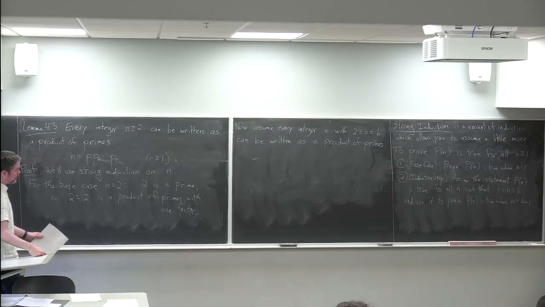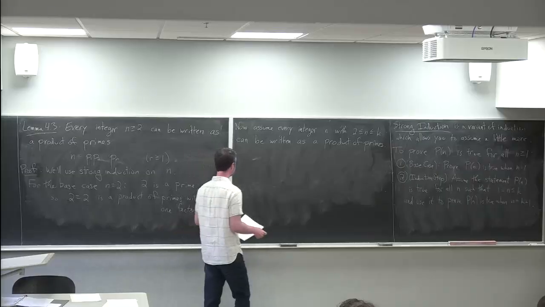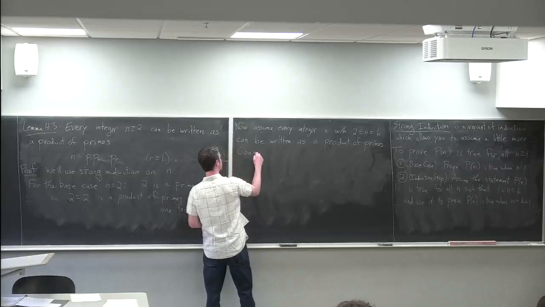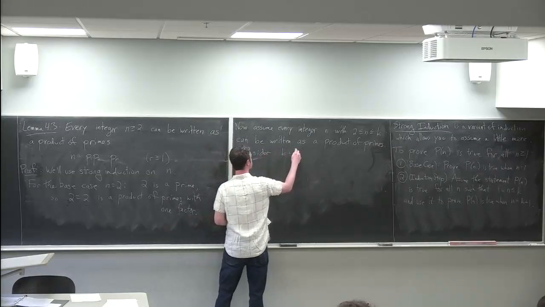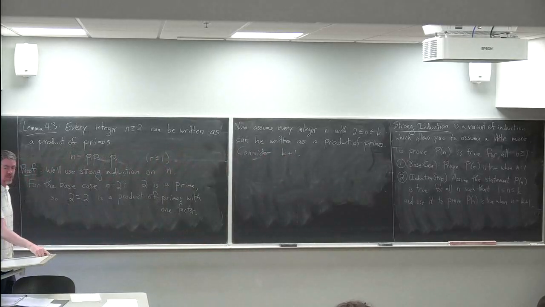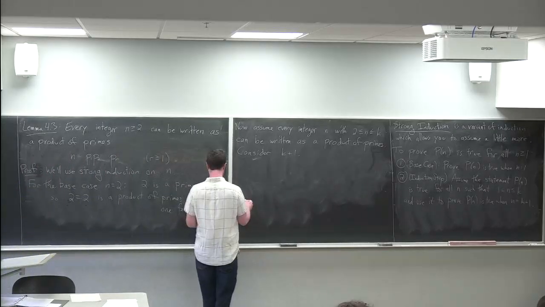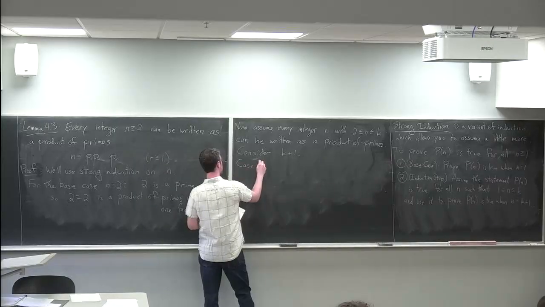And anyway, then we have to use this to explain why k plus 1 can be written as a product of primes. So we consider the next number k plus 1. Okay, and like I kind of said out loud, there's really two cases you should consider. It could be that this is a prime number. So let's call this case 1.